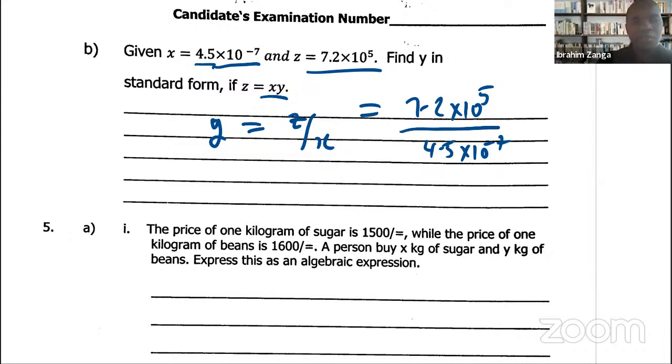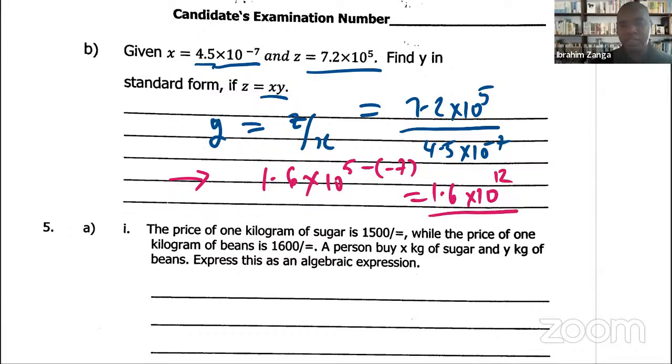So we simplify. 7.2 divided by 4.5 gives 1.6, times 10 to the power 5 minus negative 7. So it is 1.6 times 10 to the power 12, dear students, and the answer is already in standard form.